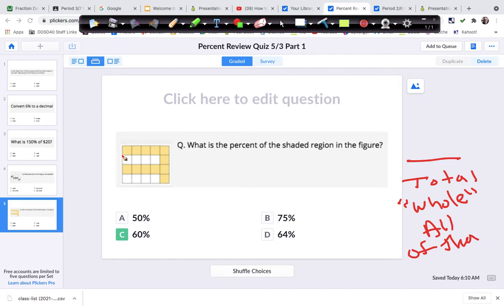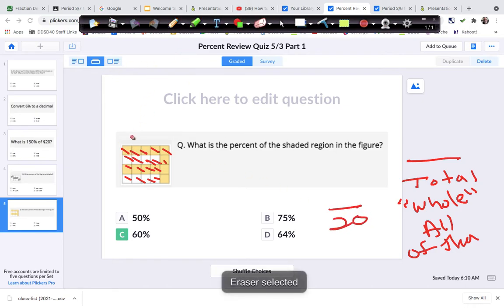All of them. 1, 2, 3, 4, 5, 6, 7, 8, 9, 10, 11, 12, 13, 14, 15, 16, 17, 18, 19, 20. So I put a 20. And then how many of those that I just counted are shaded? 1, 2, 3, 4, 5, 6, 7, 8, 9, 10, 11, 12. And we put the 12 right there.